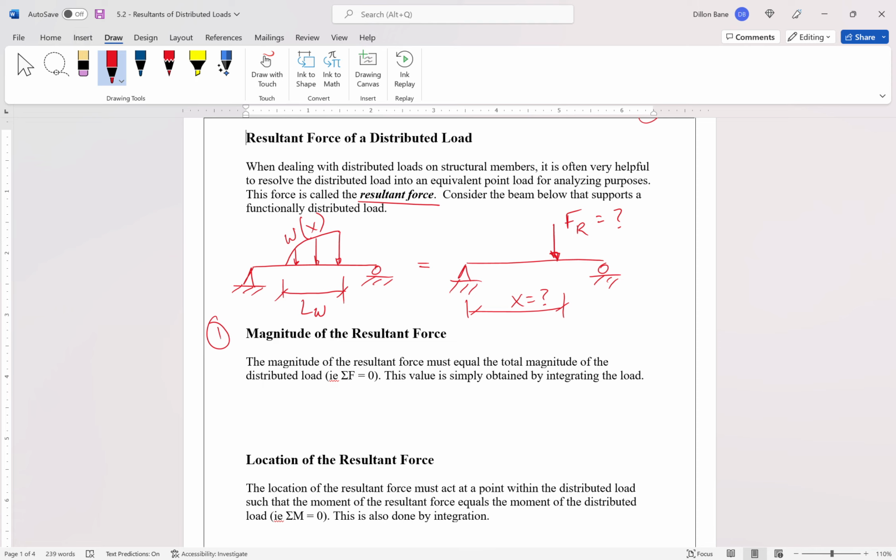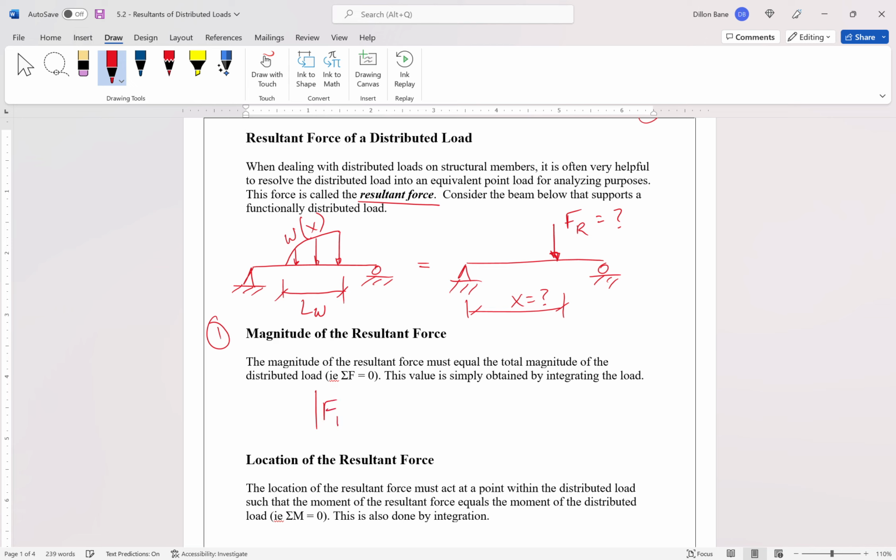Maybe it's not a uniform load. Maybe it's a trapezoid load or a triangle load, or even a functional load, where our load has to be described with some function in terms of x. Well, how do we figure out how much the load is? The answer is that the magnitude of that resultant force is simply the integral of the load. The area of the load itself becomes the magnitude of the resultant force.